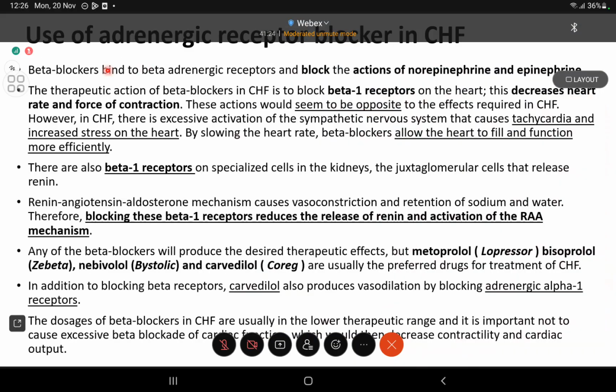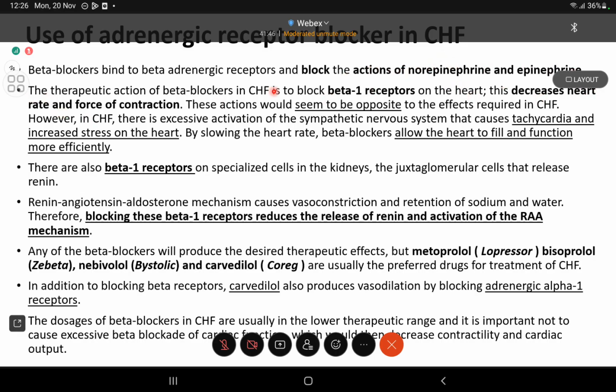Okay. So sometimes chronic heart failure patients will also use beta blockers. Beta blockers normally block the actions of norepinephrine or epinephrine.